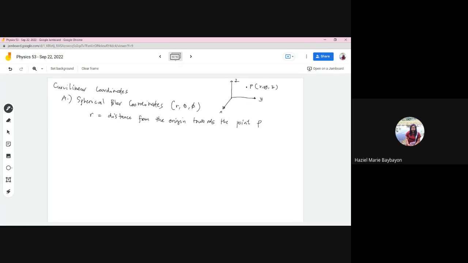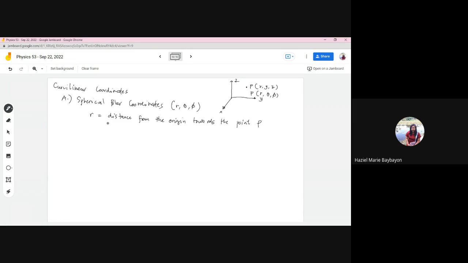Now we can also express the location of the point using the spherical polar coordinates. So the same point P, class, can be expressed as R, theta, and phi. Okay?